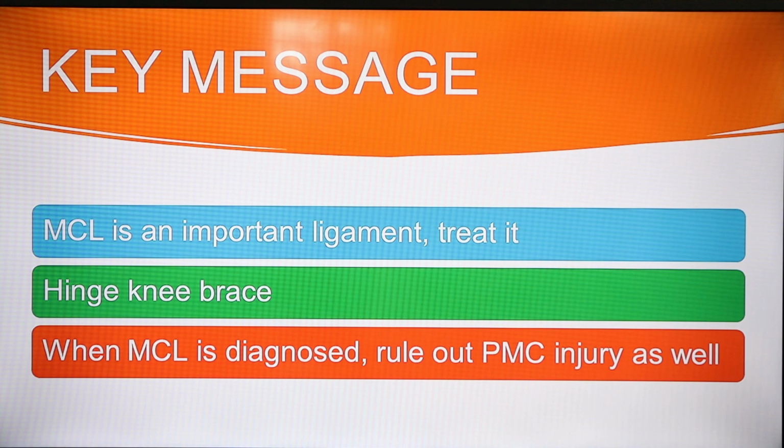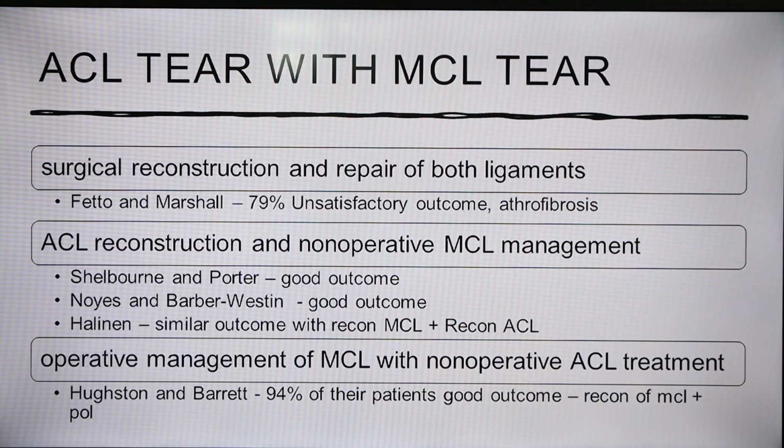But for acute injury, the risk of arthrofibrosis is quite high. Correct. So with acute MCL and ACL, if you repair the MCL, will it affect the posterior? According to the study, if you leave the MCL non-operated, they have a good outcome.